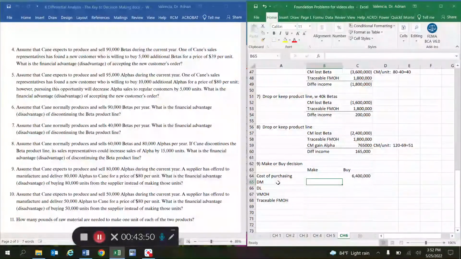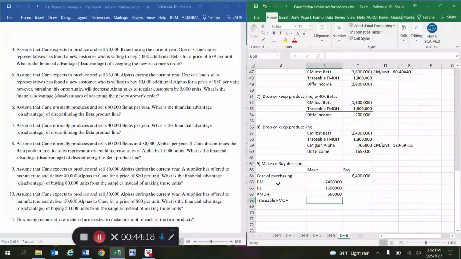So if we make them, that's going to be $30 on materials, that's from the original data, for those 80,000 units. The direct labor is going to be $20 per unit times the 80,000 units again. And I'll put commas in a minute here. The variable manufacturing overhead is going to be equal to $7 times 80,000.